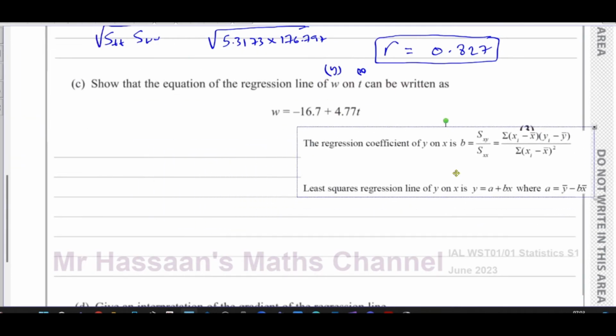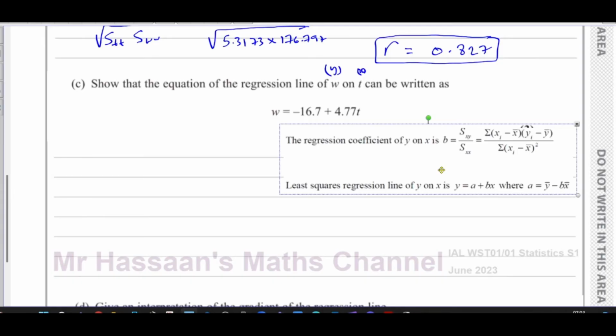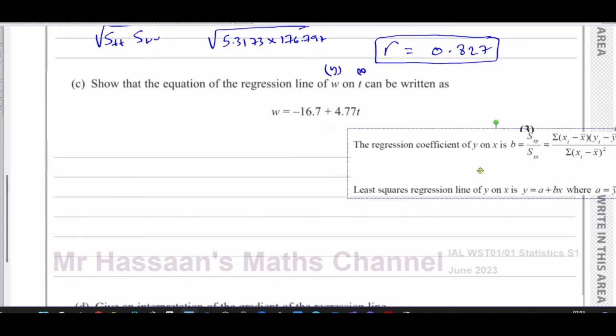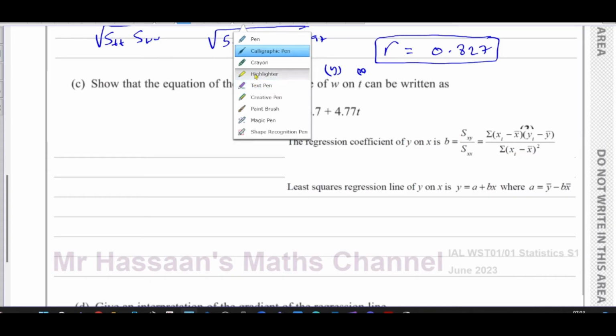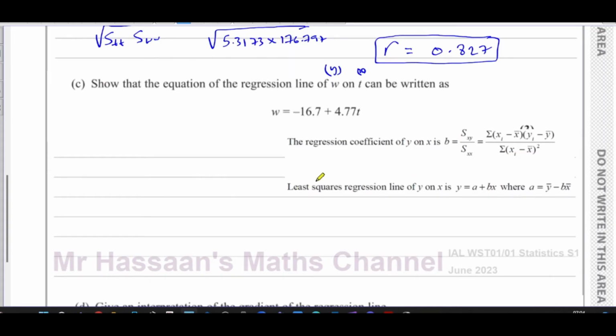We're told that the regression coefficient of Y on X is B equals SXY over SXX. The least squares regression line, meaning the line of best fit of Y on X, is given by this formula, where Y equals A plus BX.